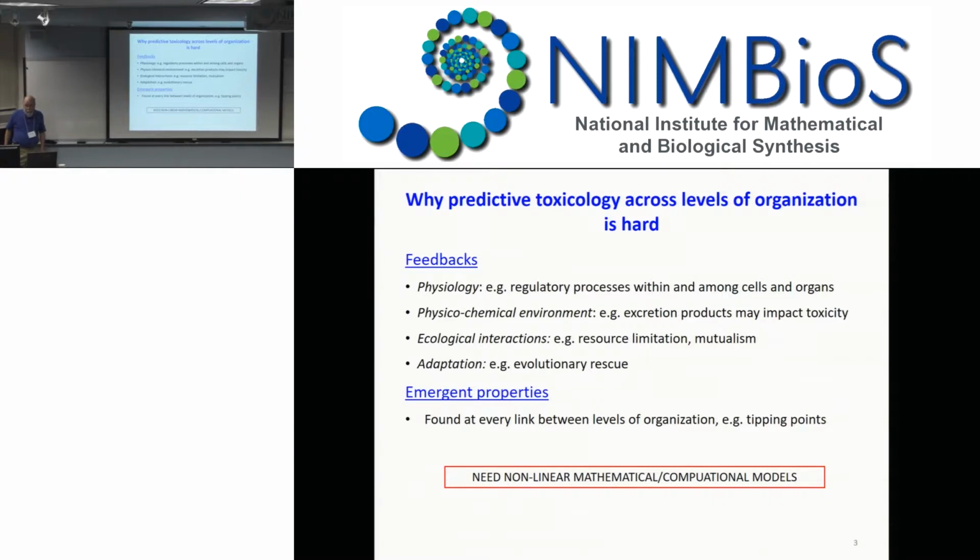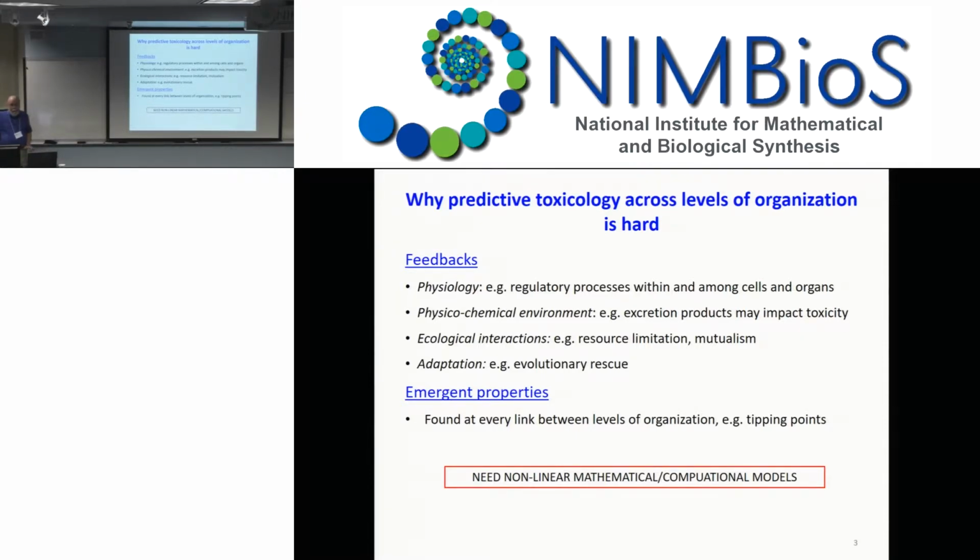So why is it hard to make predictions across levels of organization? And I think there are 2 primary reasons for this. One is that at every level there are feedbacks. Within an organism, there are all kinds of regulatory processes. In fact, we already heard yesterday several mentions of homeostasis.